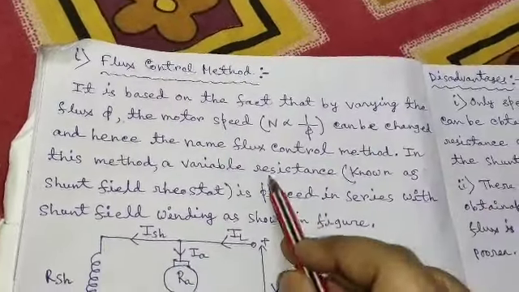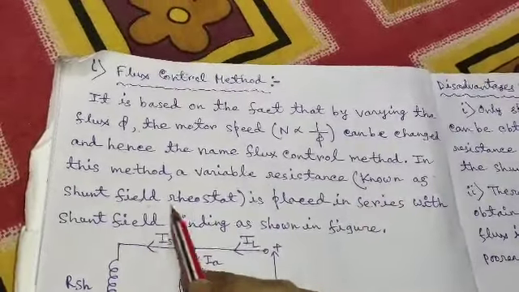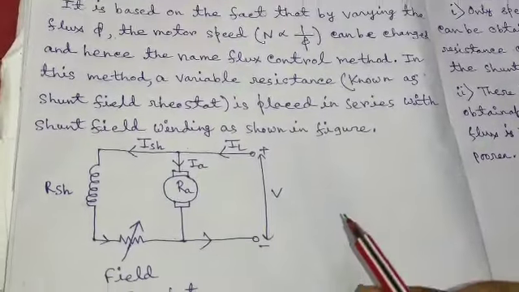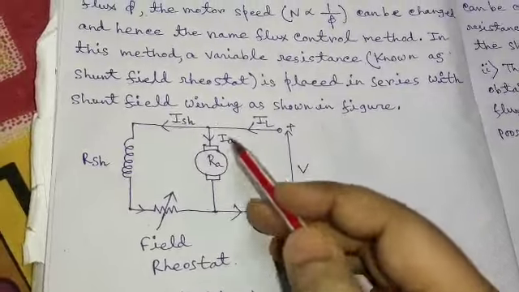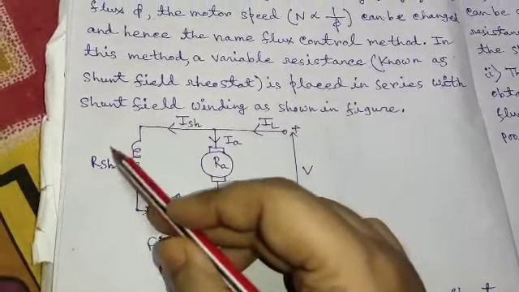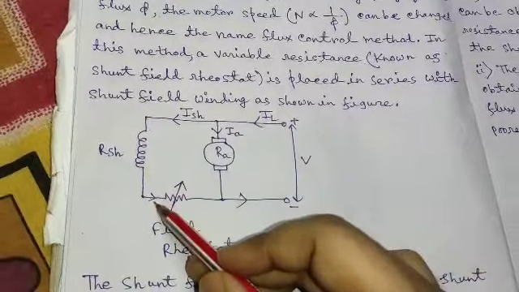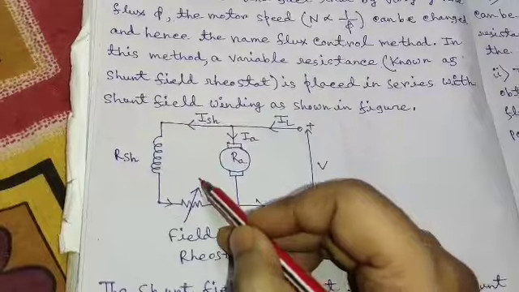In this method, a variable resistance known as the shunt field rheostat is placed in series with the shunt field winding, as shown in the figure. In this figure, this is the shunt field winding RSH, and this is the shunt field rheostat. They are connected in series.